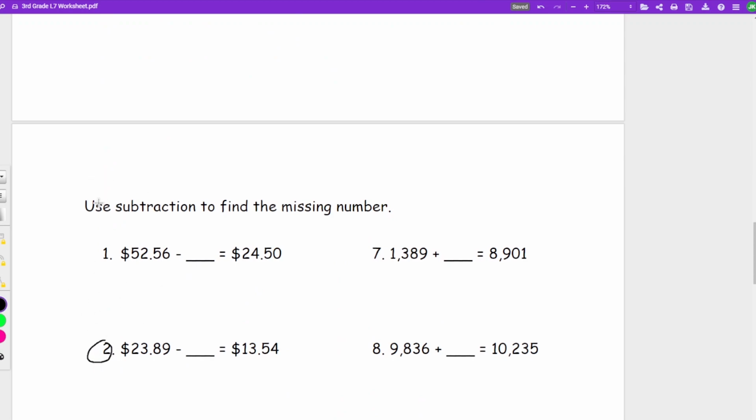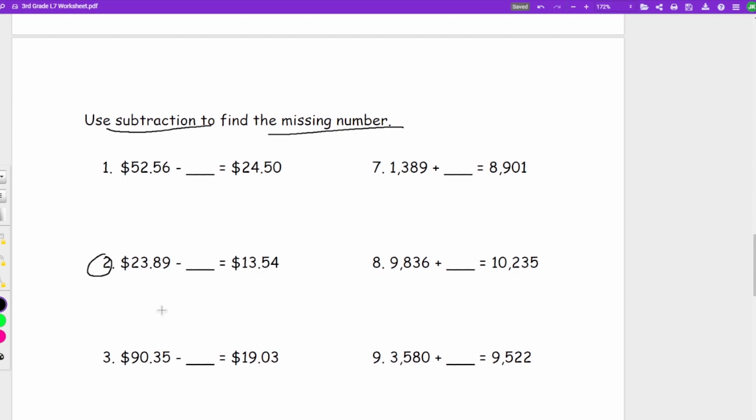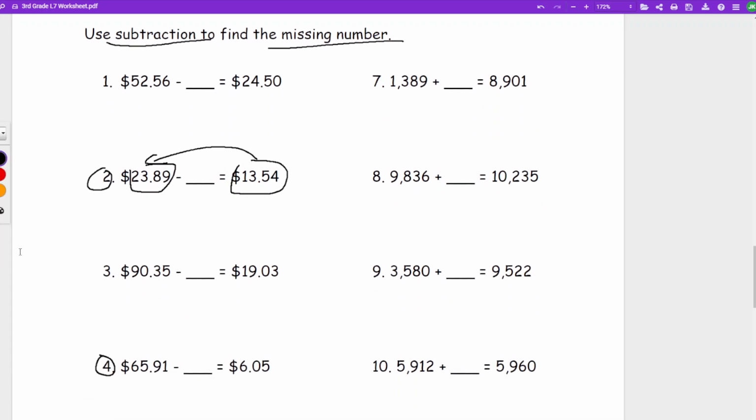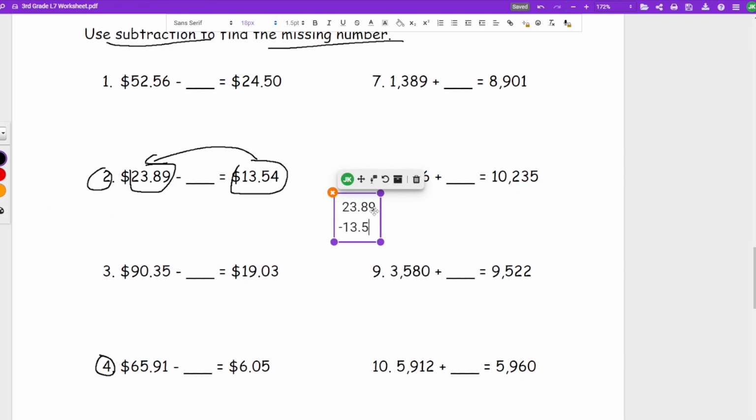Number 2, use subtraction to find the missing number. So to find this missing number, I'm going to subtract the smaller number from the bigger number. I'll subtract it. So 23.89, let me move it over here, minus 13.54.